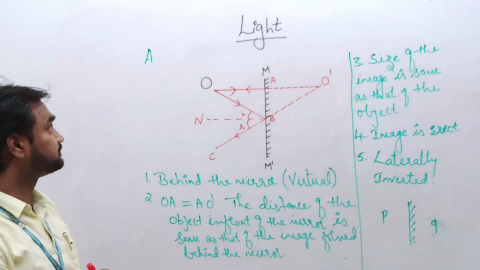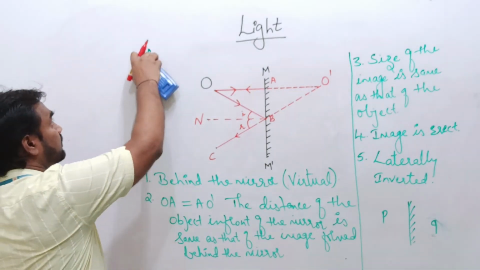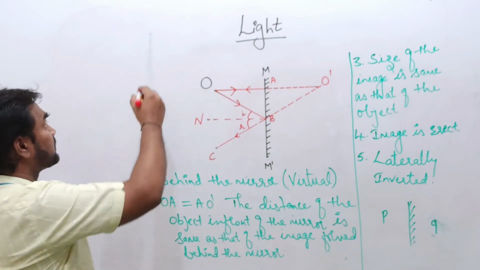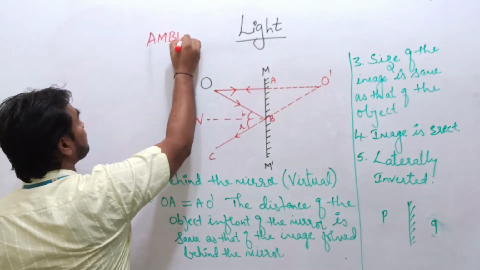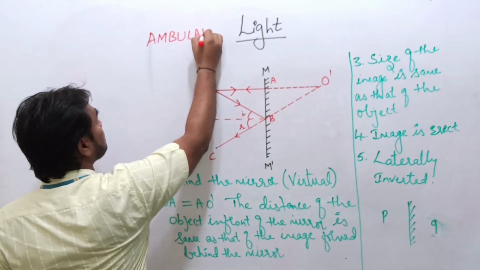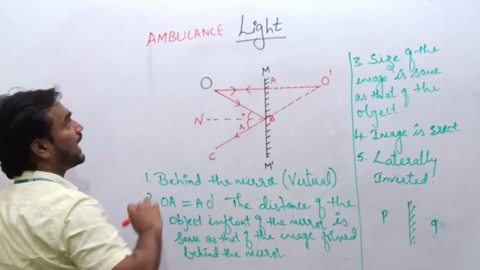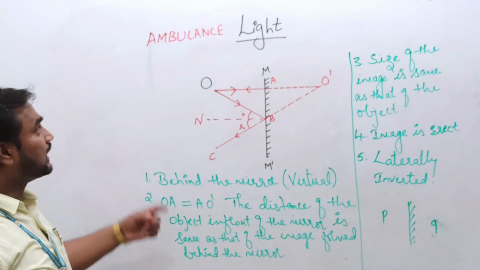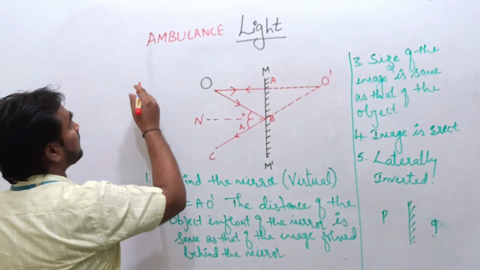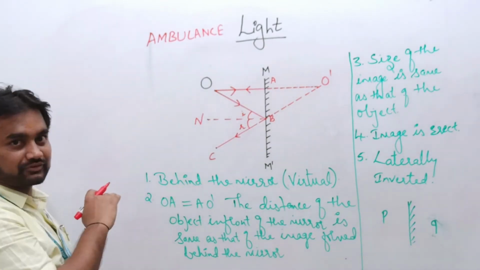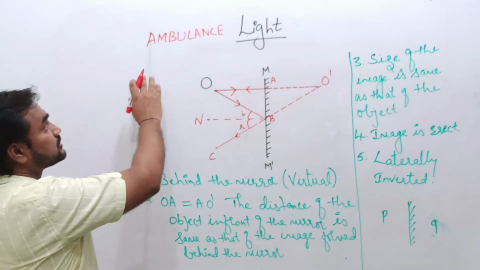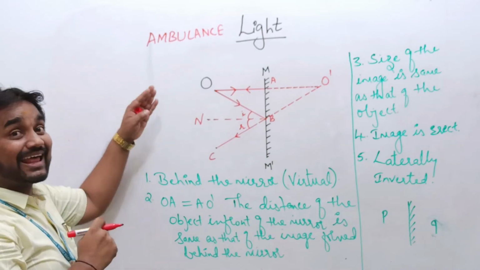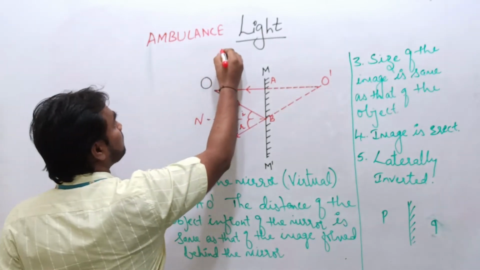in reverse direction. If you write ambulance like this, then you would be seeing the opposite of this one, right? You will not be able to read it correctly. So what do they write? They write it laterally inverted. How will they write it?